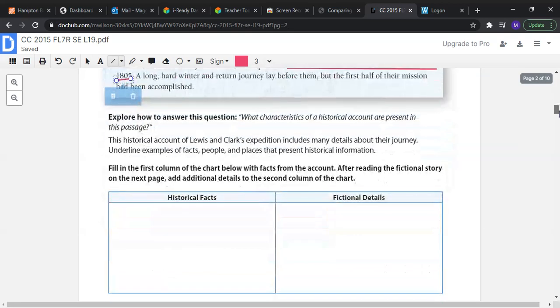So it says fill in the first column of the chart below with facts from the account after reading the fictional story on the next page. Add additional details in the second column of the chart.